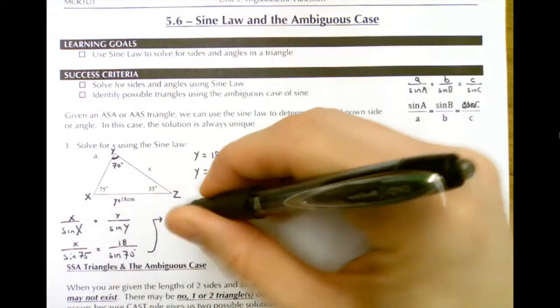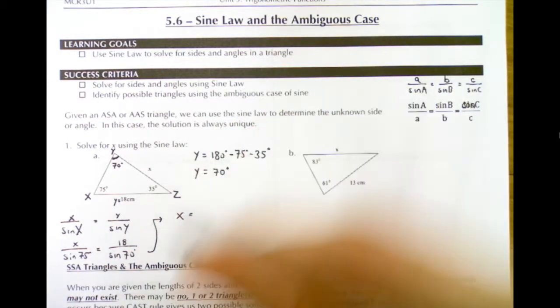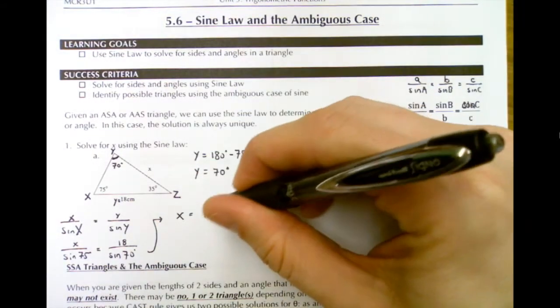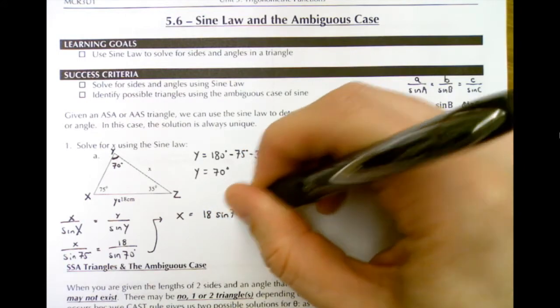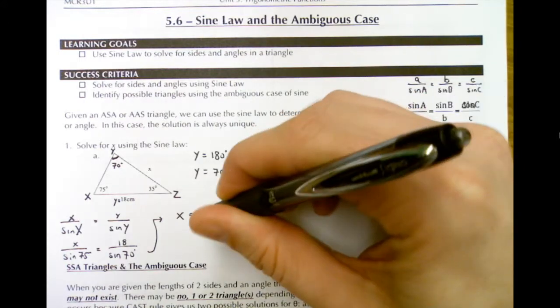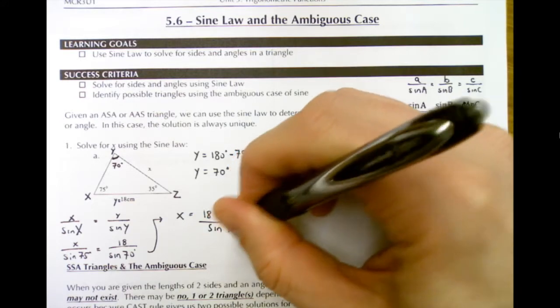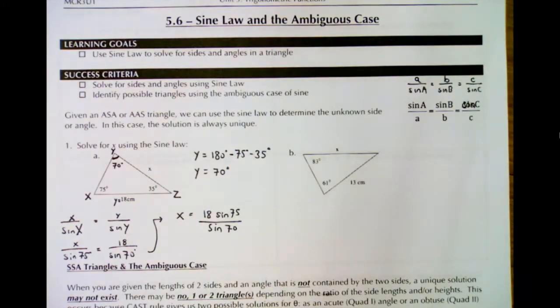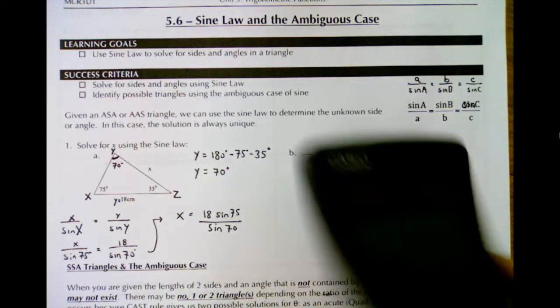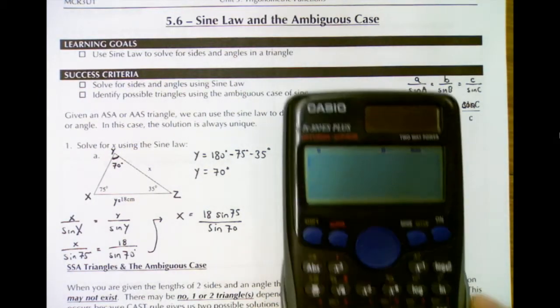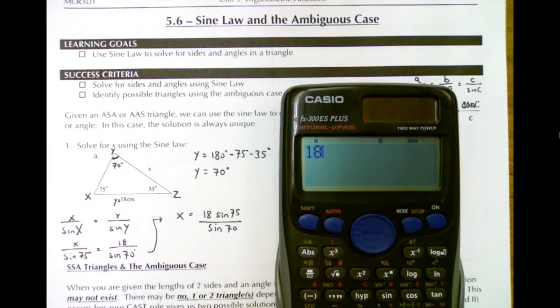So what that looks like is x equals 18 sine 75, there's the multiply by sine 75, over sine 70. And that should be something that you can type directly into your calculator if you're in degree mode. That's 18 sine 75 divided by sine 70. 18.5, and we'll round to one decimal place.